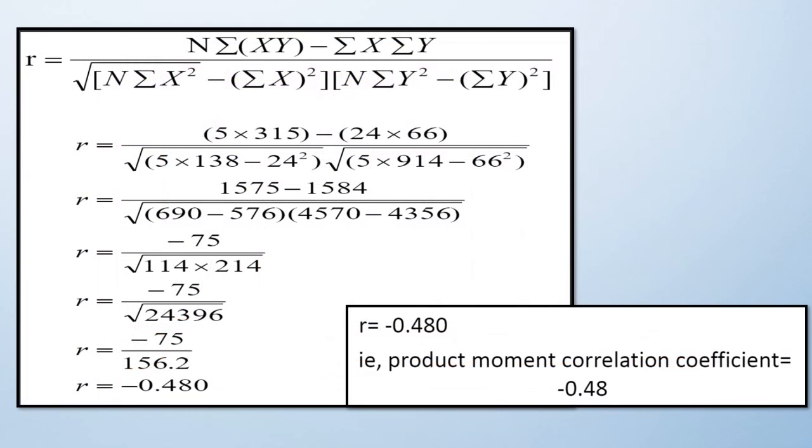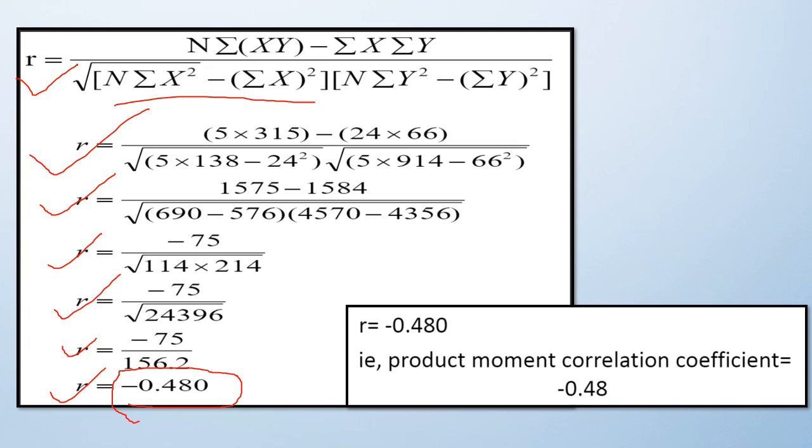So, dear student, as we know, once you calculate the n value, summation x, summation y, summation x square, summation y square, and summation xy, you simply input the figures in the formula, simplify step by step, and you get the final answer. R is equal to minus 0.48.